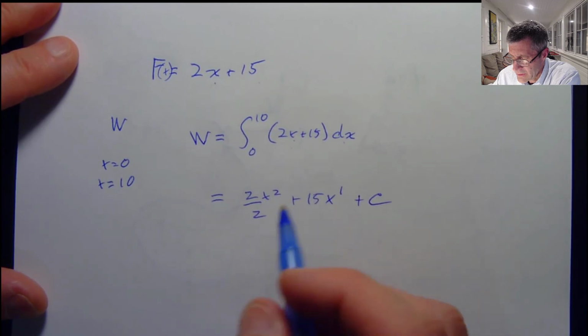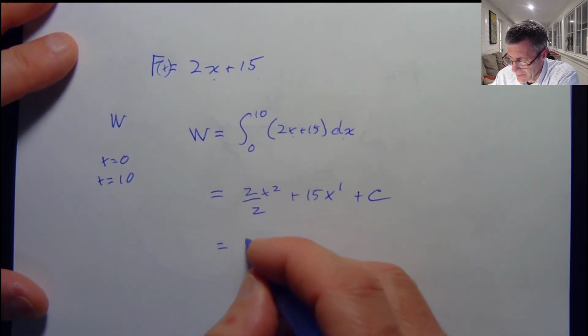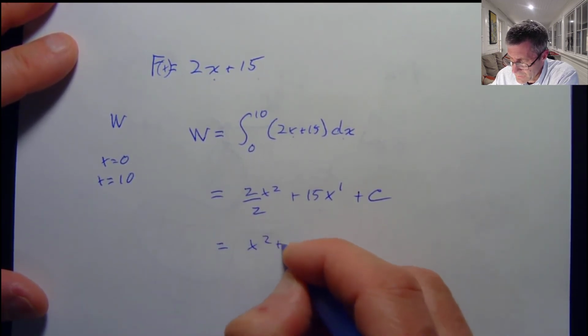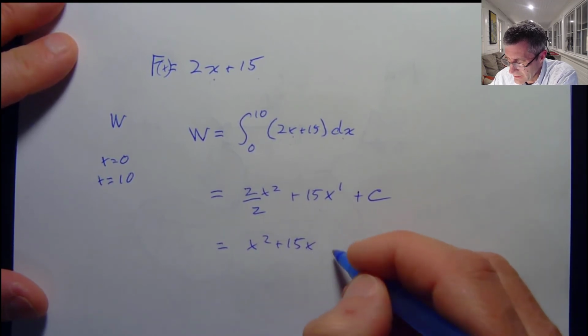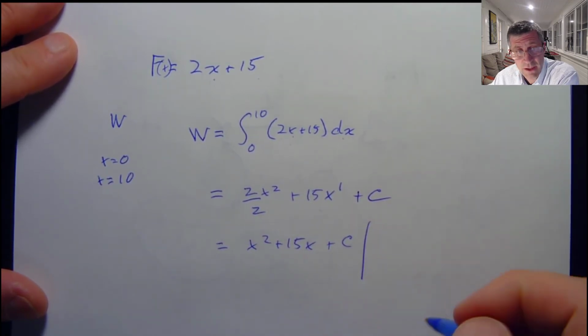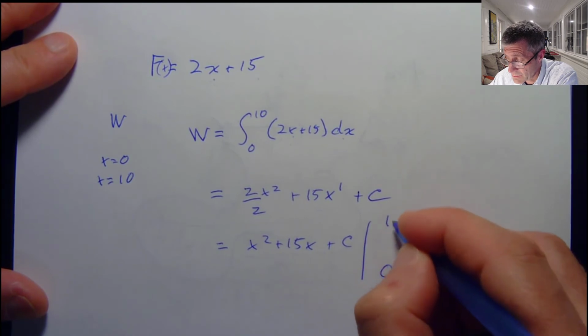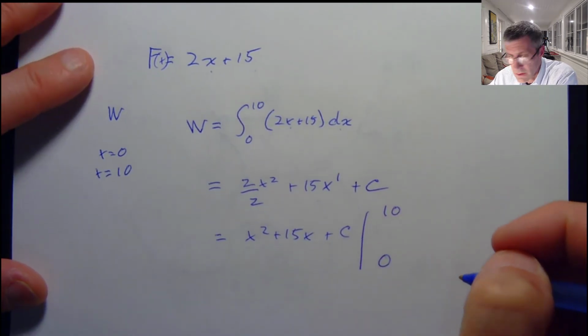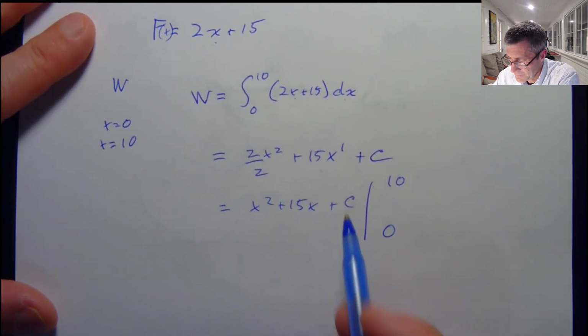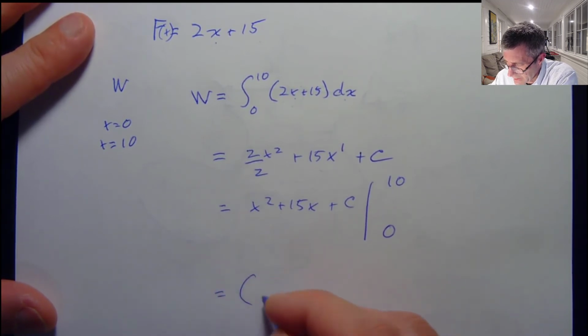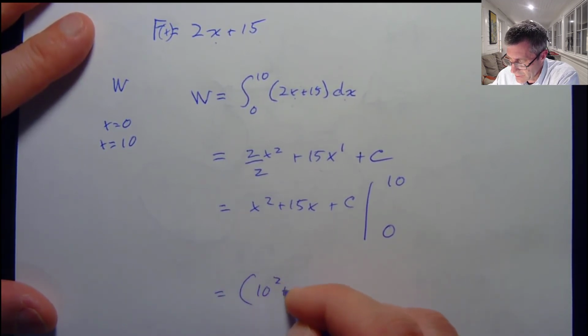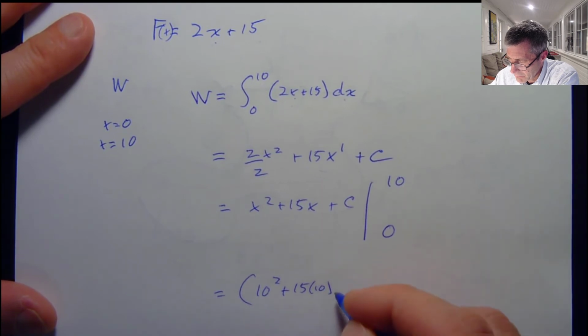So let's see, I can simplify this a little bit. I'm going to have x squared plus 15x, plus my constant. My constant is going to go away. Remember, I'm going to evaluate this from 0 to 10 to see what I get. So when I plug in 10, I get 10 squared plus 15 times 10 plus c.